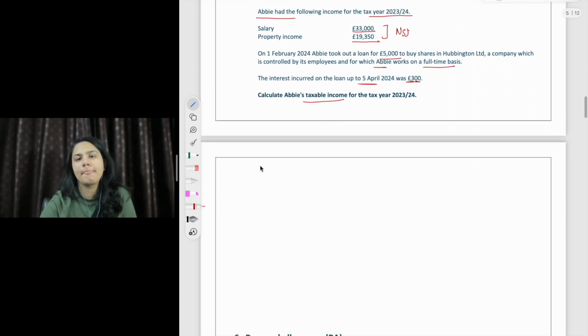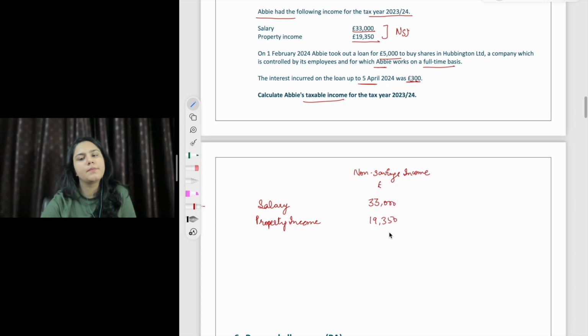Let's see. So we are going to start with non-savings income. We have salary and property income. Salary is 33,000, property income is 19,350.